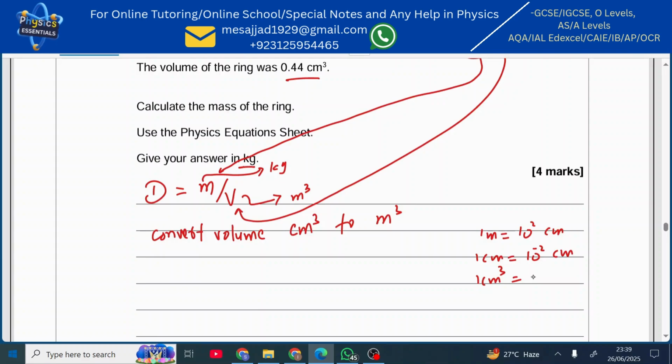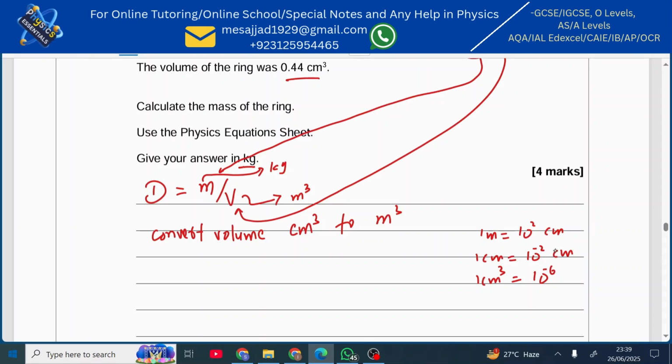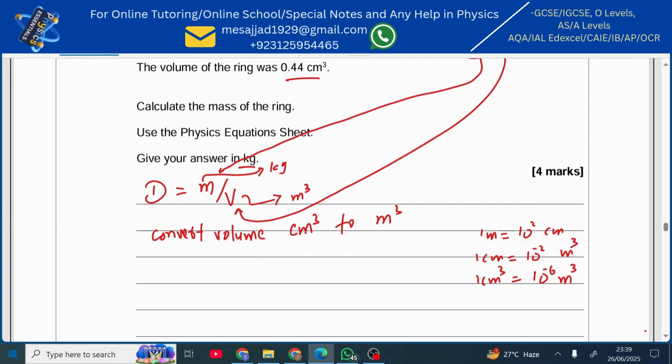If you take the cube on both sides, 1 cubic centimeter becomes this much. So that should be your answer. Now the volume will be 0.44 into 10 raised to the power minus 6 cubic meters.